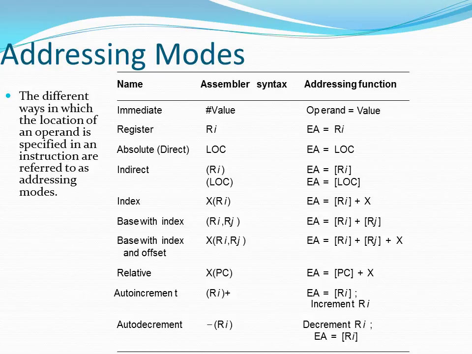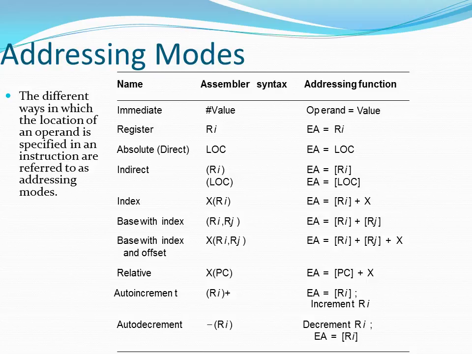Suppose the X value is 2. Then the operand is in memory location 1002, so the effective address is equal to the contents of RI plus the X value. The effective address is generated by adding a constant value to the contents of a processor register. So that is the index addressing mode.